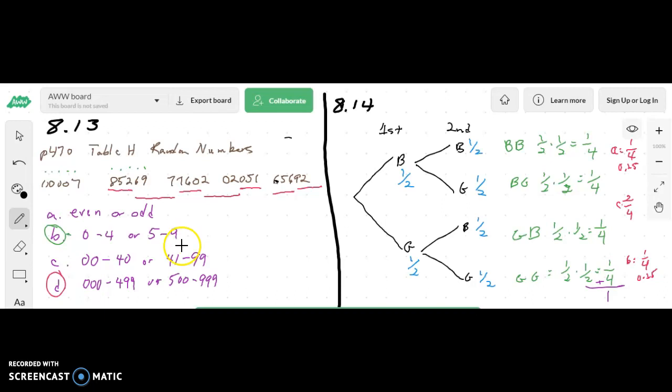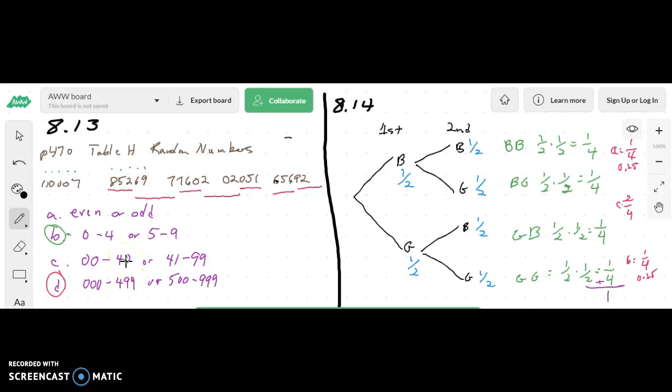So this would work. However, if you take a look at item C, they ask about 00 to 40 or 41 through 99. Would this be a good way to allocate with equal chances going to either group A or group B? This would not be a situation where you would do that, because there are actually 41 digits between 00 and 40.